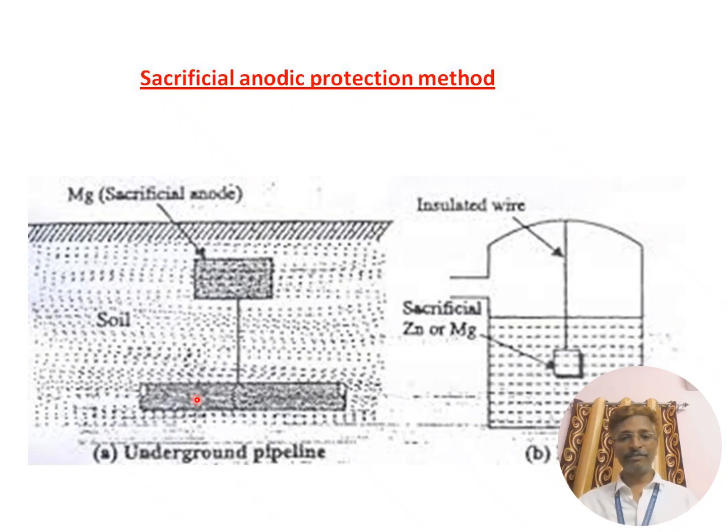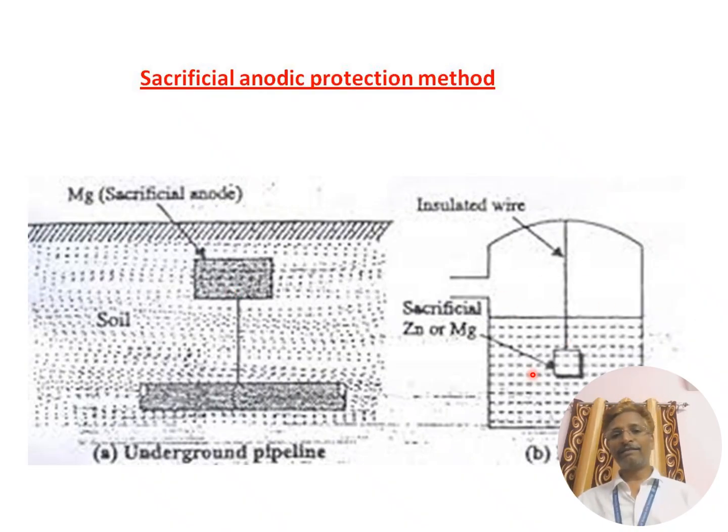See, this is the cathode material, buried under the ground, connected via a wire with magnesium, zinc or aluminium, which acts as the anode. Once it is corroded completely, you just remove it and replace it with a fresh one. Very simple and economical.